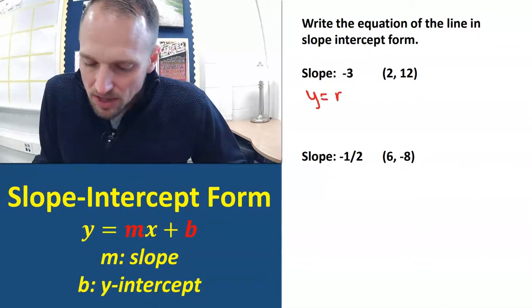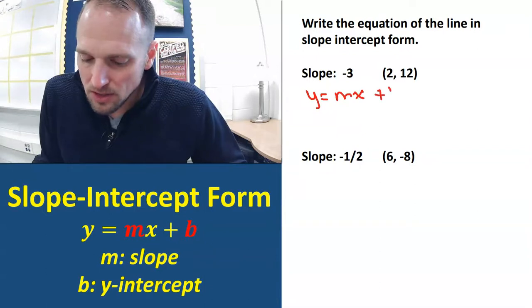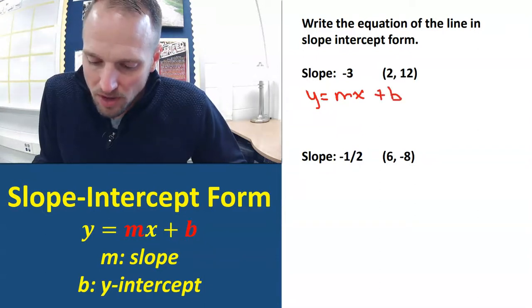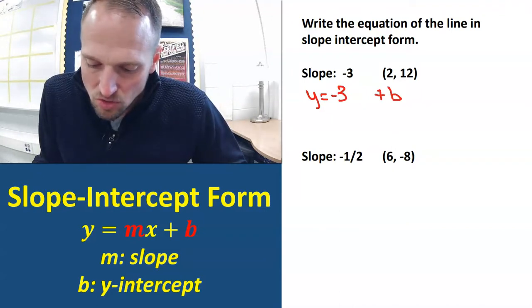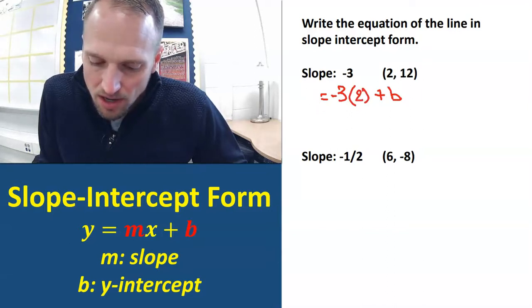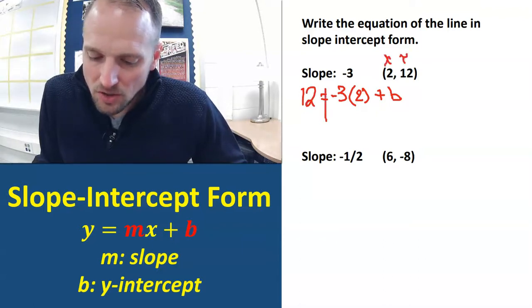Y equals mx plus b. And we know that our slope is negative 3. And our x is 2. And our y is 12, coming back from this point up here, the x and the y. Okay, so let's simplify this.